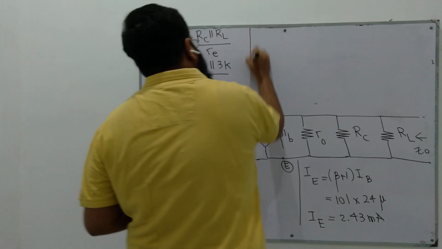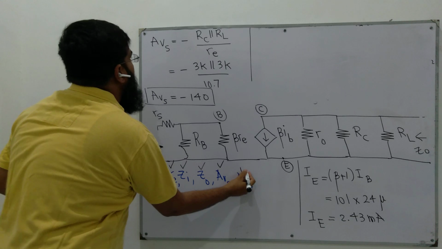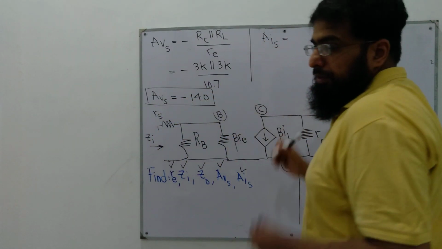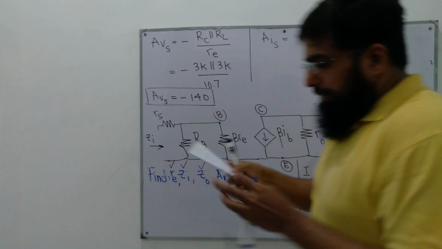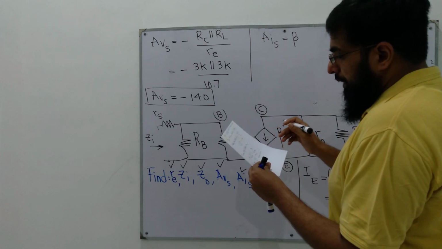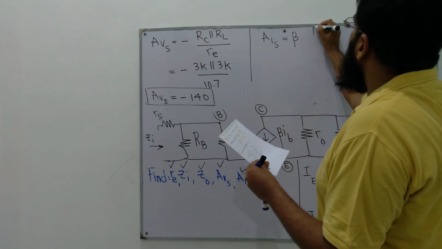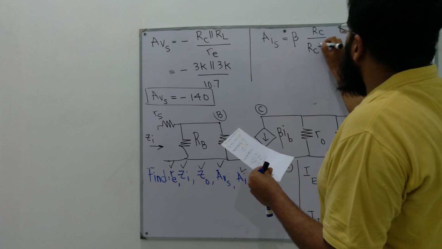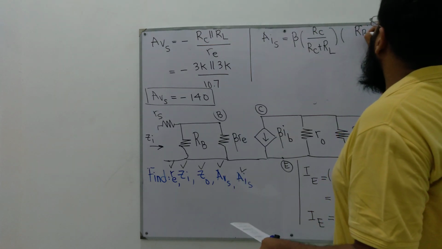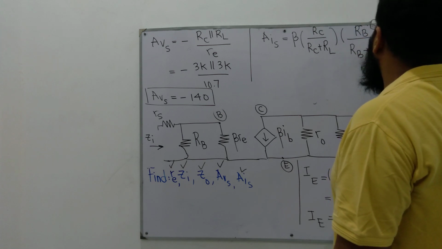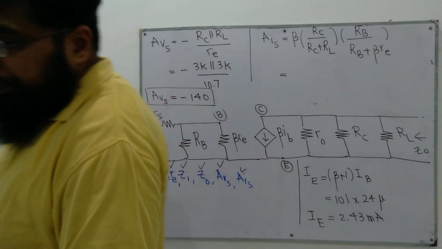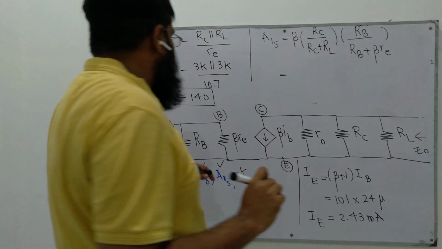And finally, the last thing to calculate is AIS. AIS is the stage current gain, and in our last lecture we derived an expression for this. In lecture 14 we derived AIS to be equal to beta times RC over RC plus RL multiplied by RB over RB plus beta re. So let's put the values.